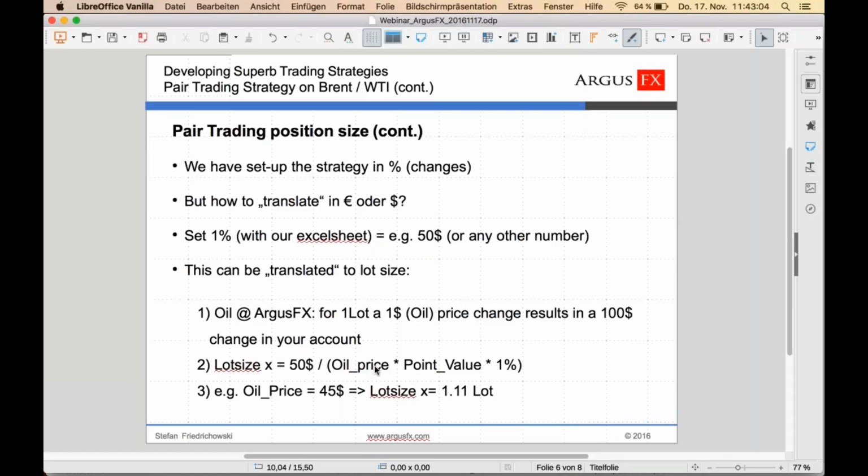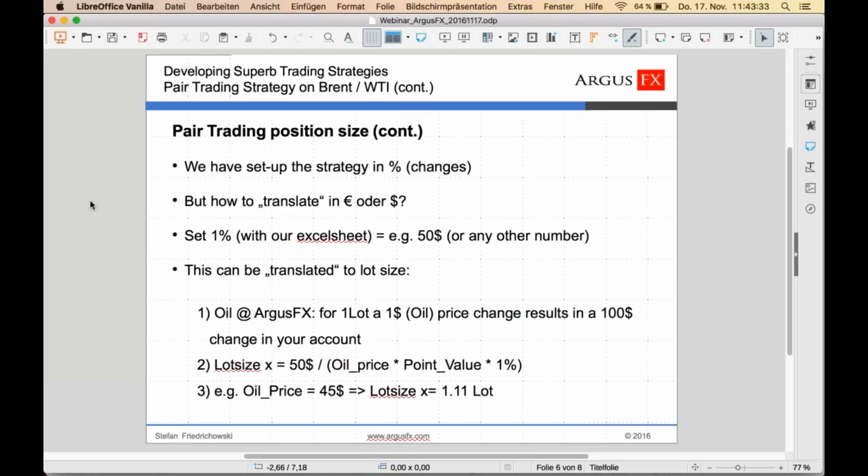You see, if you go to the equation, if I would say, hey, I want 1% to equal 500, then immediately we would trade 11.11 lots in this case. And we always have to do the job for your broker of choice, because this point value might differ, and even sometimes currencies might differ.